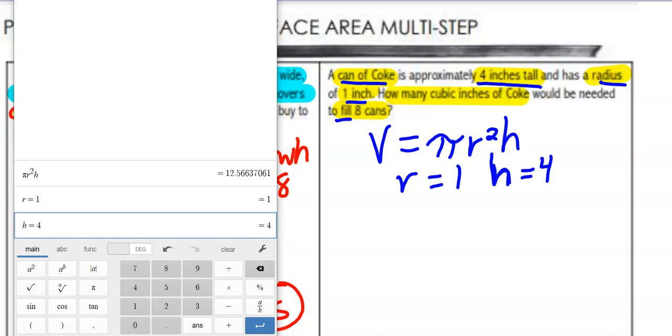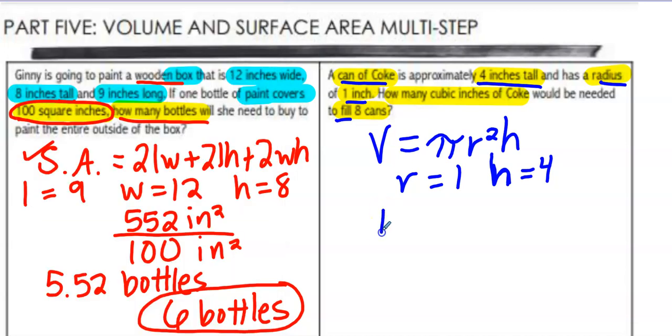All right. So that tells us that we're going to go ahead and round this to 12.6. So using our formula, plugging in our numbers, it's going to take about 12.6 cubic inches of Coke to fill 1 can. So it's going to be 12.6 cubic inches per can.